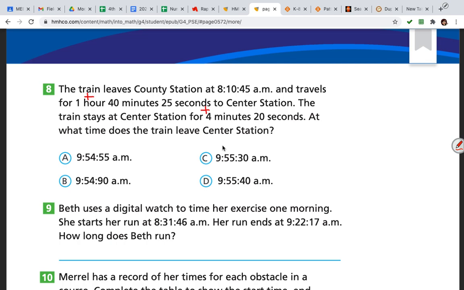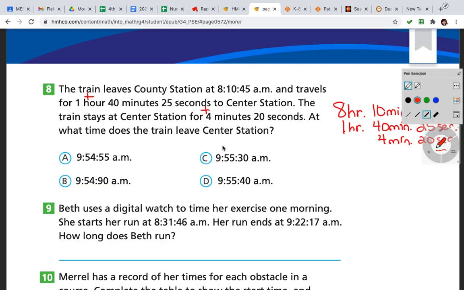So we can do the math. We're going to say 8 hours, 10 minutes, and 45 seconds. And we're going to add the 1 hour, 40 minutes, and 25 seconds. And let's go ahead and add the last 4 minutes and 20 seconds because we're going to be converting.